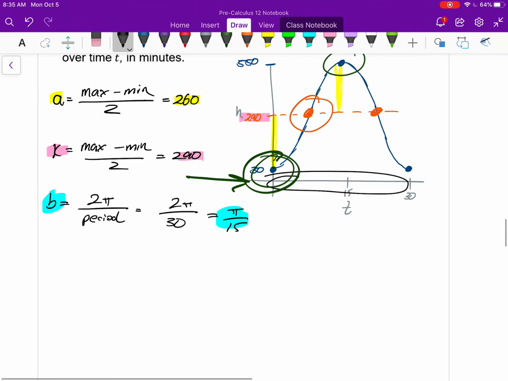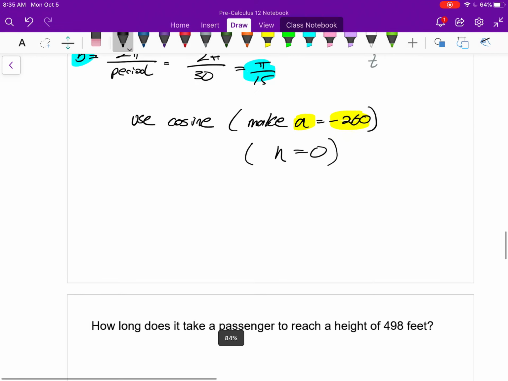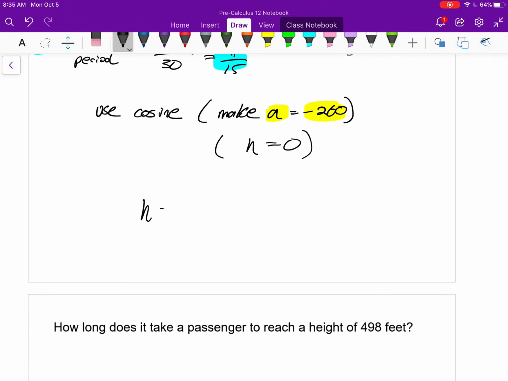And that will give me the simplest possible equation, which I want to use in a moment. And no phase shift, so H equals 0. So my equation would be H, or Y, equals negative 260 times the cosine of my B value, pi over 15, times time, plus my center line, 290.